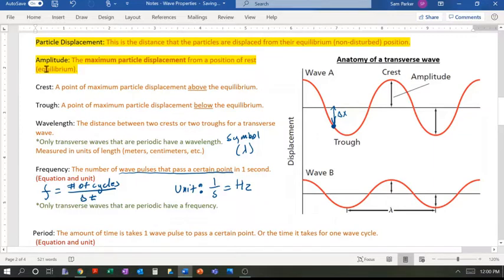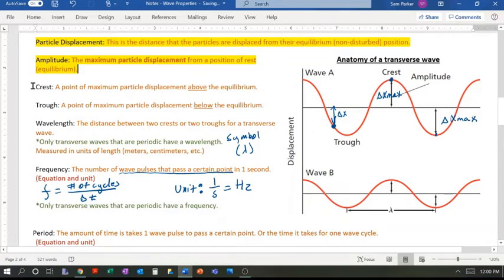Now, when we have a maximum particle displacement at a crest or a trough, that is the delta x max, the maximum displacement of the particles in that disturbance. This is called the amplitude, the maximum displacement above or below the equilibrium point.